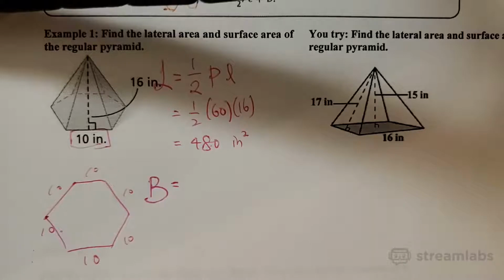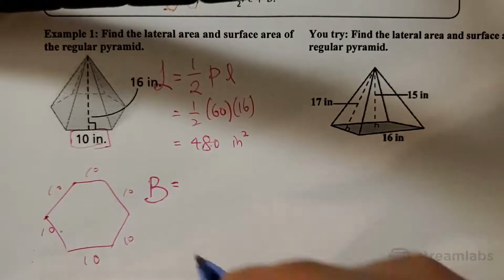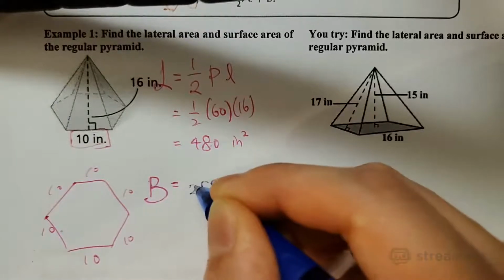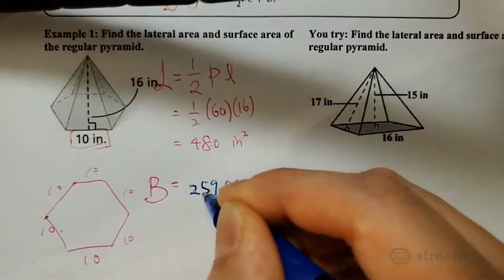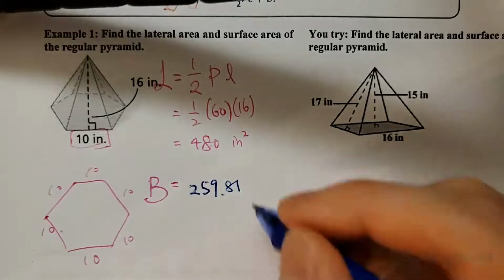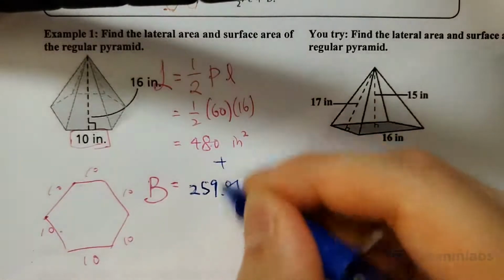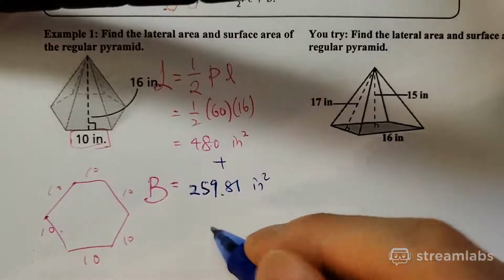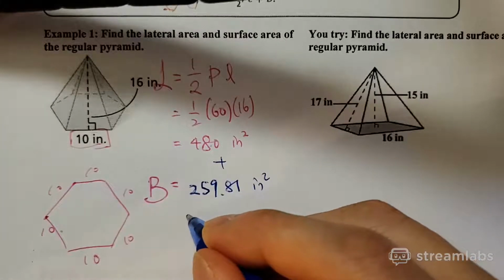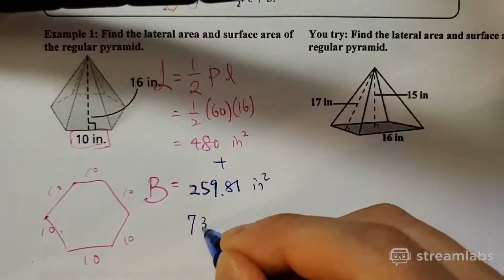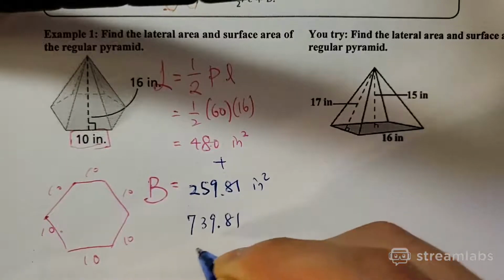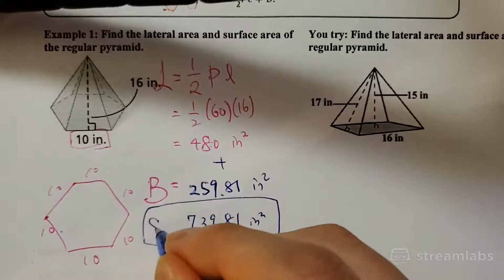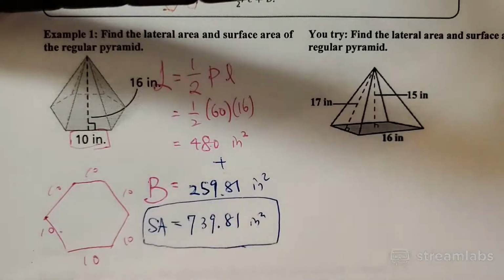I think you're correct. It turns out to be 259.81, right? Something like that. Right. Inches square, and then you just add them up. Okay, once you add them up, you will get what, 739. Okay, so that's your surface area. Surface area is equal to that. Add them up, right?